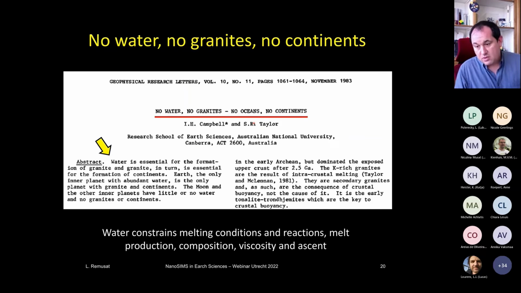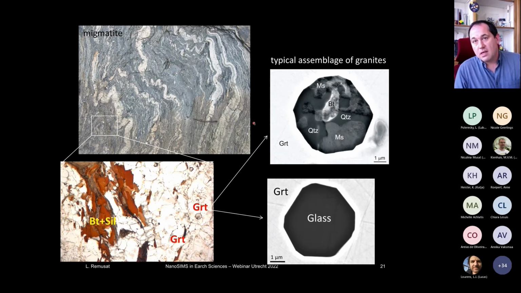The best way to have an actual measurement of the water at the location of the melting at the base of the crust is to investigate rocks that are coming from this area. Migmatites are metamorphic rocks that exist at the base of the crust.